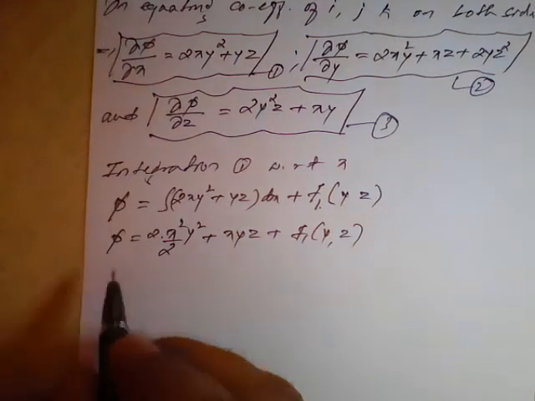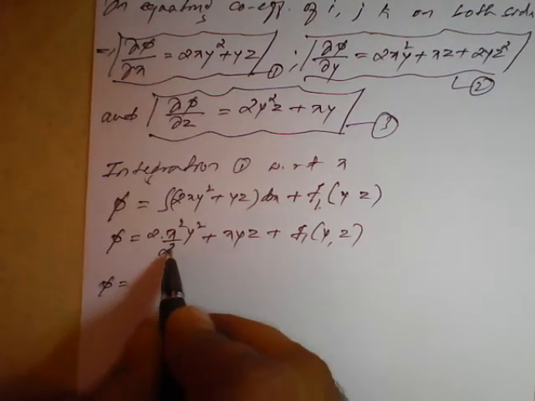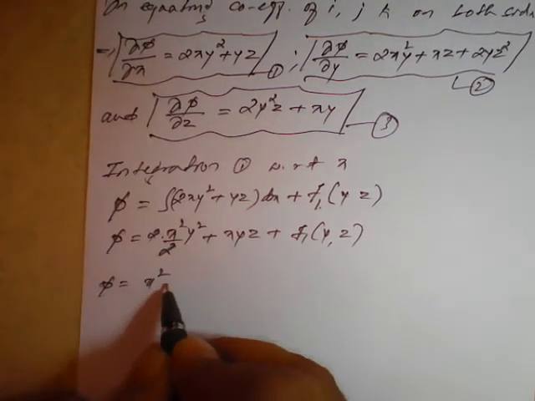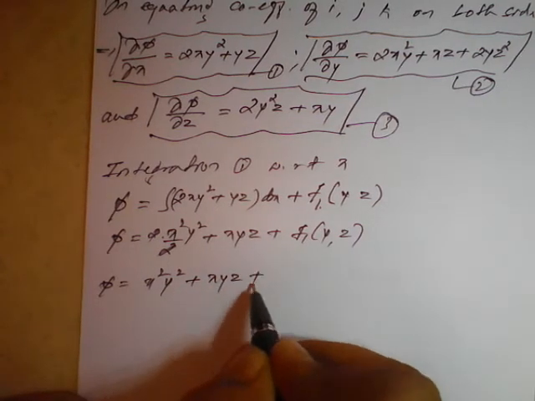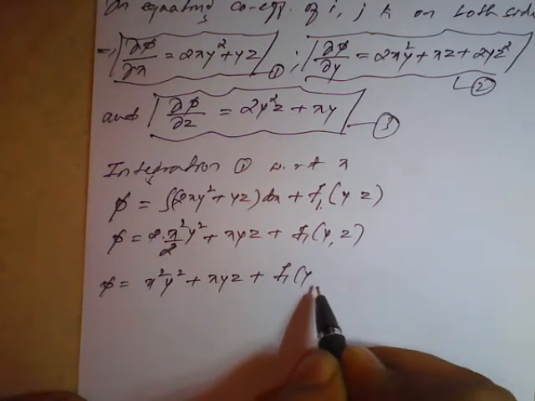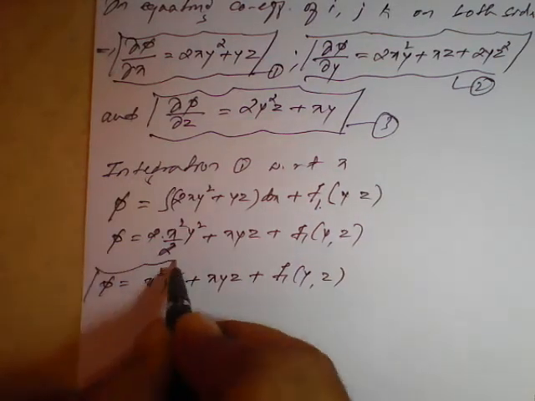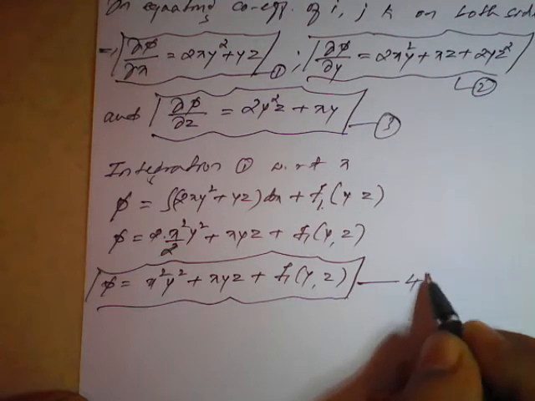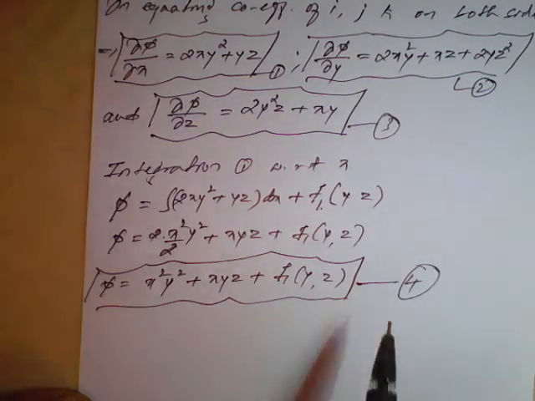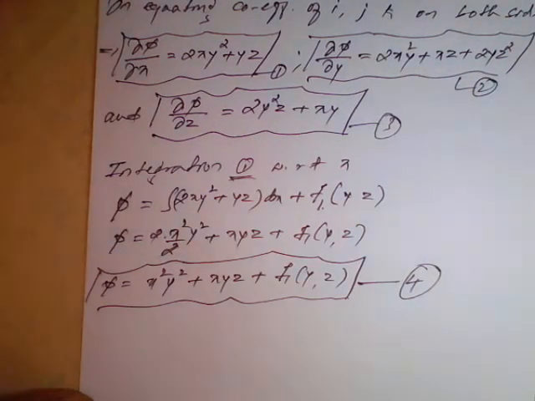On simplification the 2 cancels: phi is x²y² + xyz + f1(y,z). We'll call this equation number 4, which we got from equation number 1.